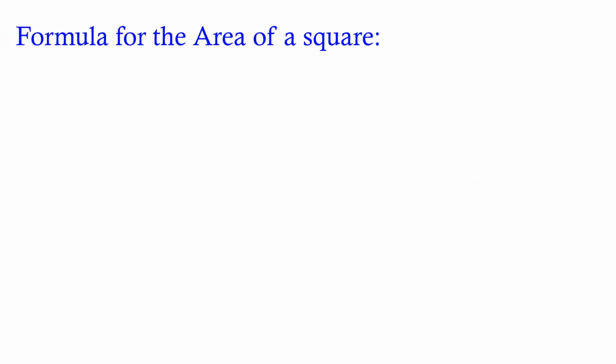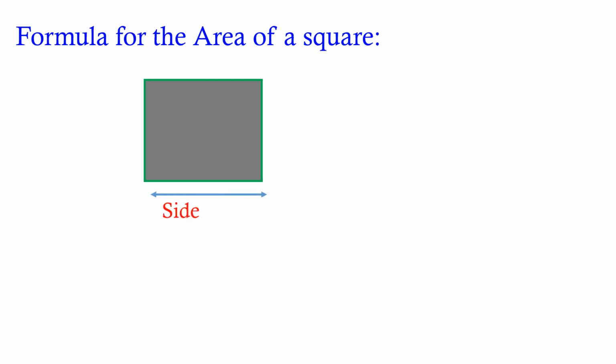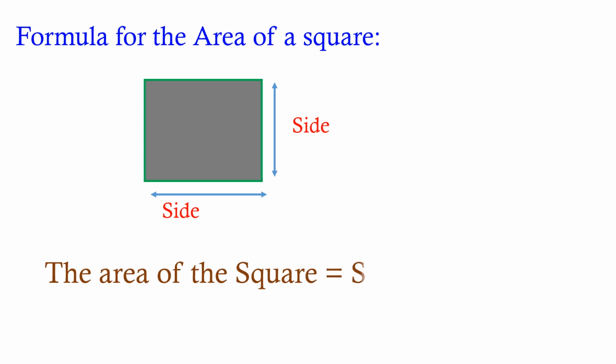Formula for the area of a square. There is a square object whose side is equal to side. And we know a square has all sides equal. So, the area of the square equal to side into side. When we multiply any two side values, then we get the area of that square.